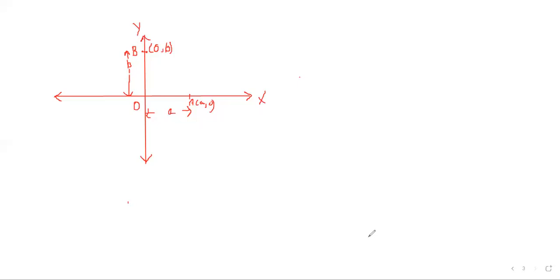Now, if we move along the x-axis by the same distance, but not on the x-axis, we are moving parallel to the x-axis to reach a point P. And at the same time, we are moving along the y-axis also.